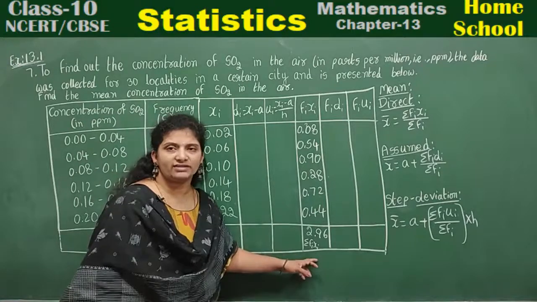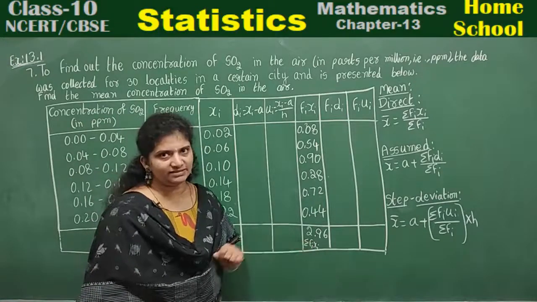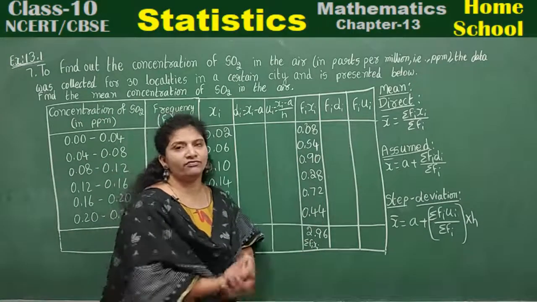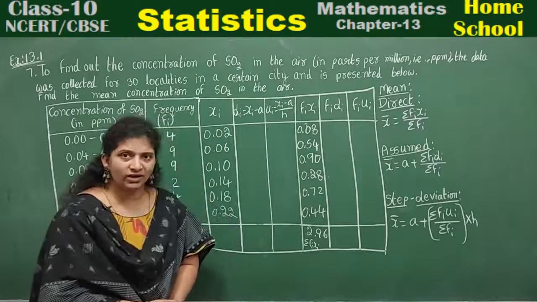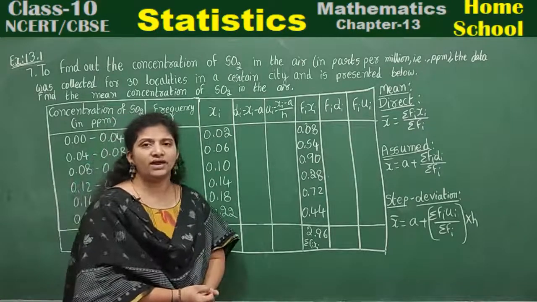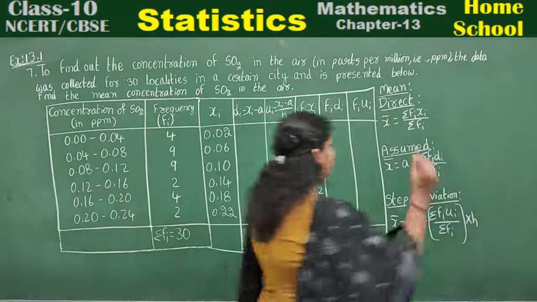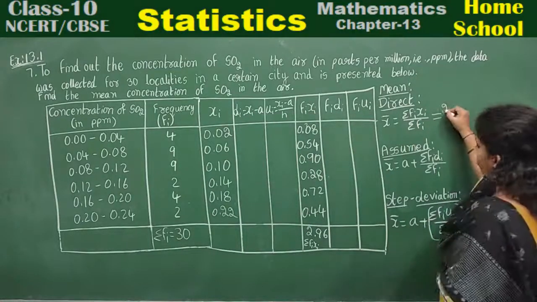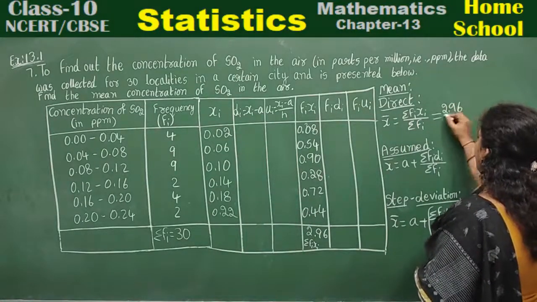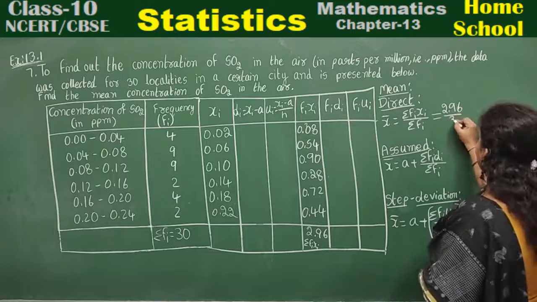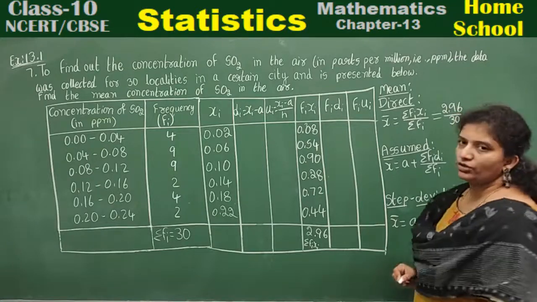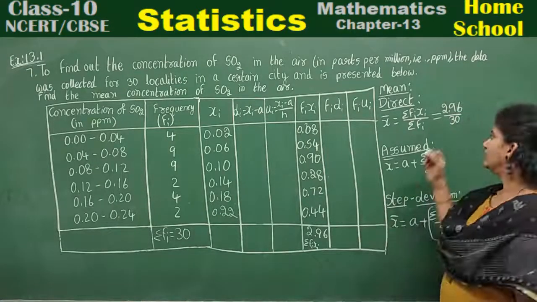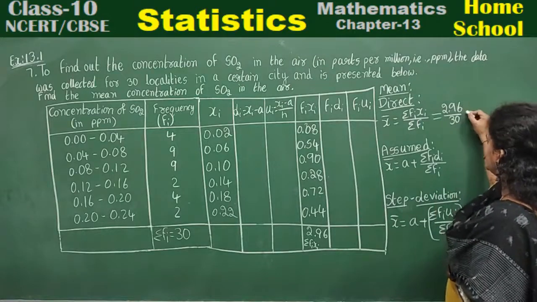Summation Fi Xi value is 2.96. Apply in direct method formula. X bar is equal to summation Fi Xi by summation Fi. That is 2.96 by 30. Now remove this decimal.